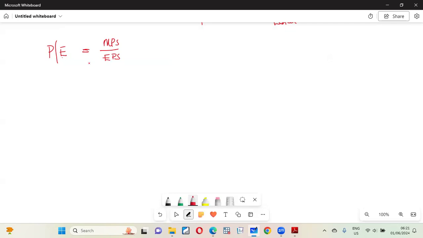So this is the PE ratio. But I've told you time and time again that when we are valuing a company, our focus is the MPS, is that not it? So if you change the subject of the formula, you realize that MPS will be the EPS multiplied by the PE ratio.